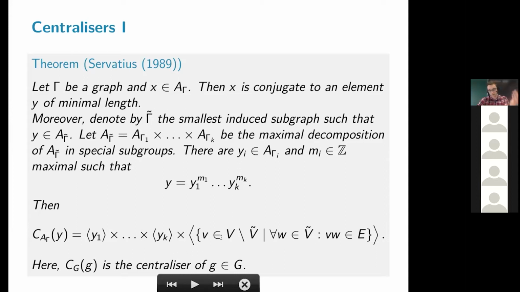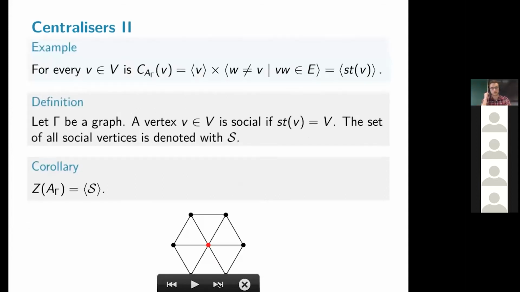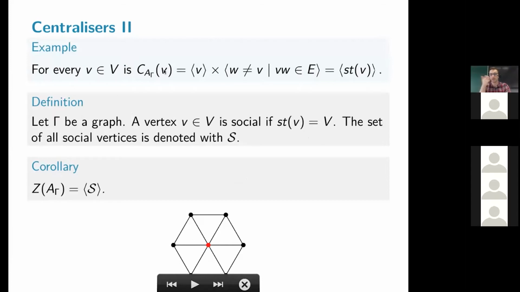Okay. More concretely, if you do it for the smallest elements of your groups, namely the generators, then Servatius' theorem states, well, you have to decompose V as this word Y1 up to YK. Well, here it's quite easy. It's just the word V, a single letter. And then you have to add all vertices different from V that commute with it. So these are all vertices W such that V is connected to W in your graph.